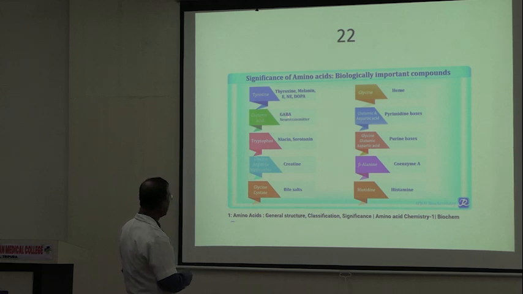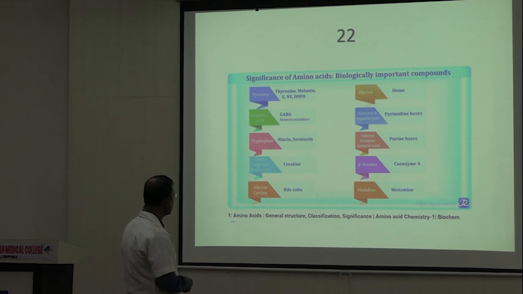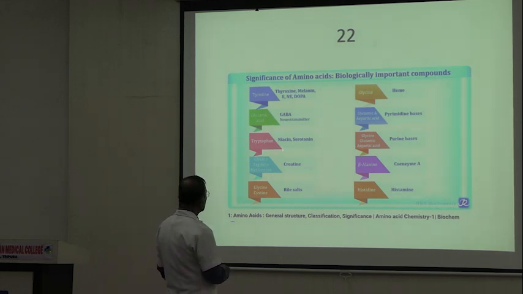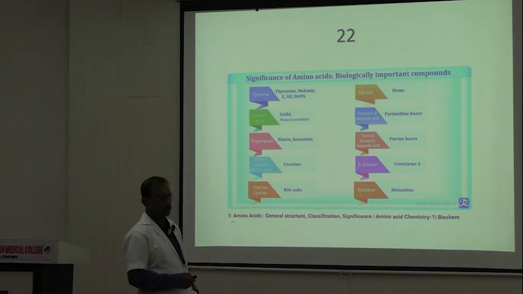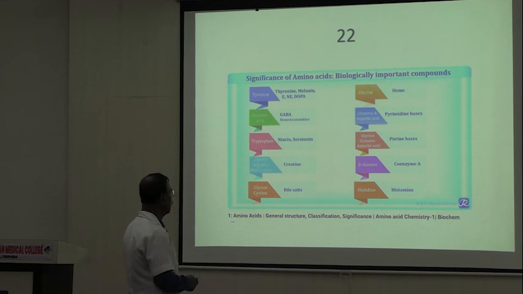From glutamic acid is GABA, which is also a neurotransmitter. From tryptophan it is niacin and serotonin. These are also neurotransmitters. Niacin is a vitamin and it acts as a cofactor for enzyme activity.